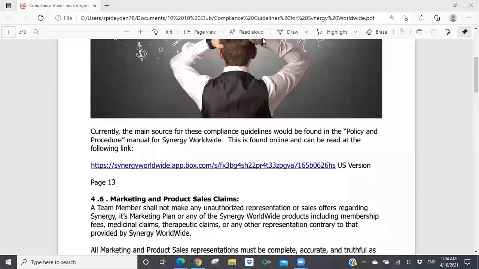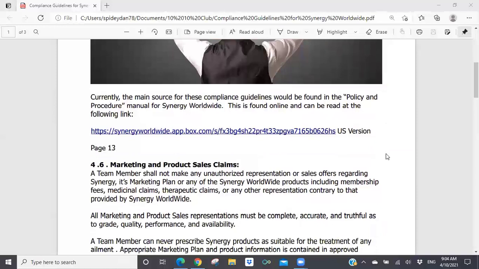So the policy and procedures for the US operation is what would apply to you. If you have distributors in another country, like the United Kingdom, there would be a separate policy and procedure manual for the United Kingdom that you would want that person to be aware of.